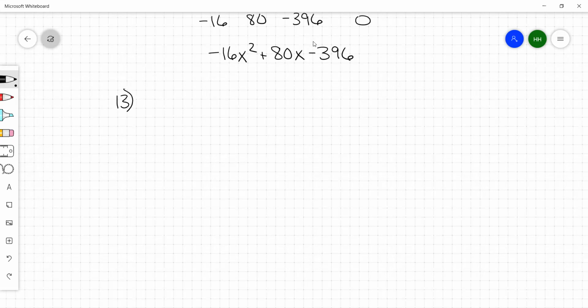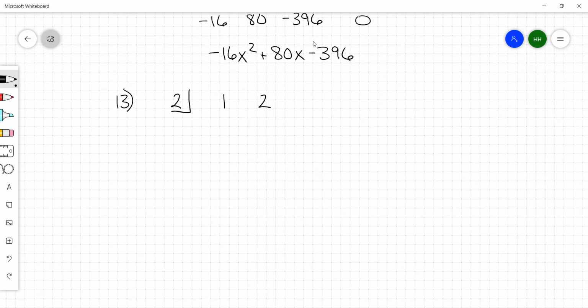Now, when you're using synthetic division to evaluate a function, the number itself goes outside the box, not the opposite. So the 2 goes here. And then we got a 1. For the x to the third, we got the 2.